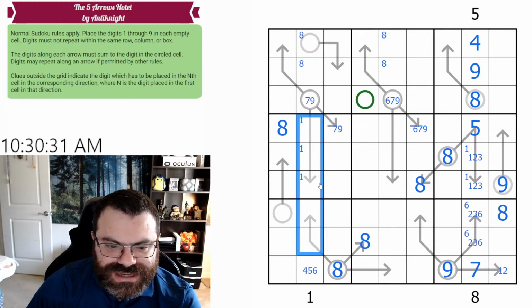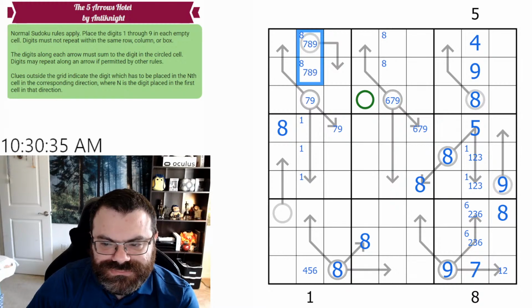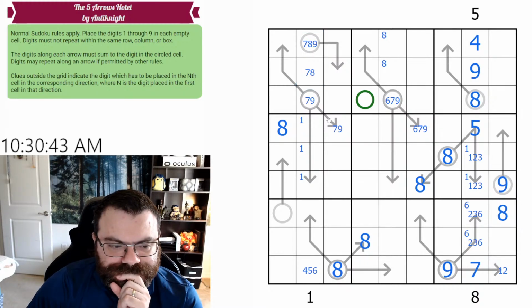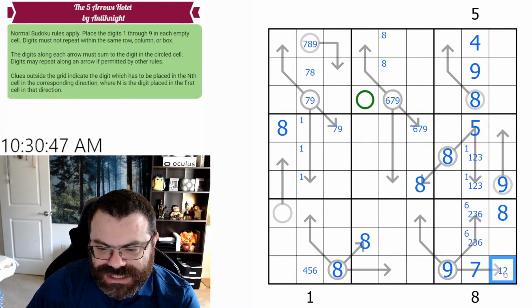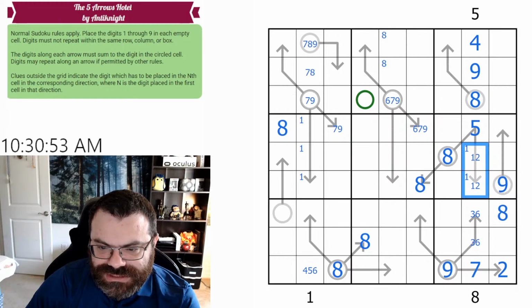So 7, 8, and 9 are all up here, is riffclown's point. That's not the 9. So that's actually a 7, 8, 9 triple. Clean up box 9, then box 6. Ah, yeah, 7 plus 2, and 3 plus 6, and 2, 1, 2, 5. All that cleanup.